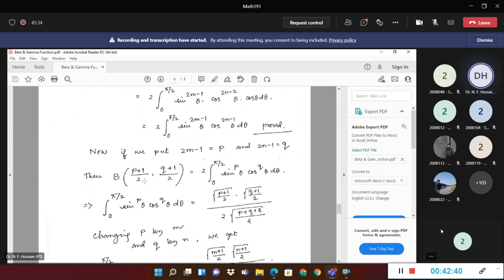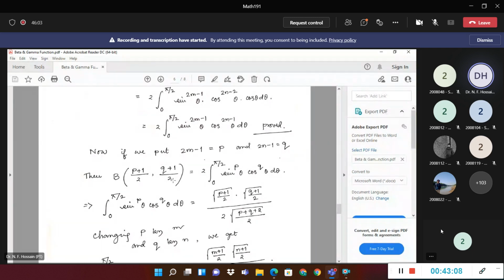So the left side beta mn becomes beta of p plus 1 by 2, q plus 1 by 2, and in the right side it is 2 into integral 0 to pi by 2 sine to the power p theta cos to the power q theta d theta. So the value of this integral 0 to pi by 2 sine to the power p theta cos to the power q theta d theta should be equal to half of beta p plus 1 by 2, q plus 1 by 2.